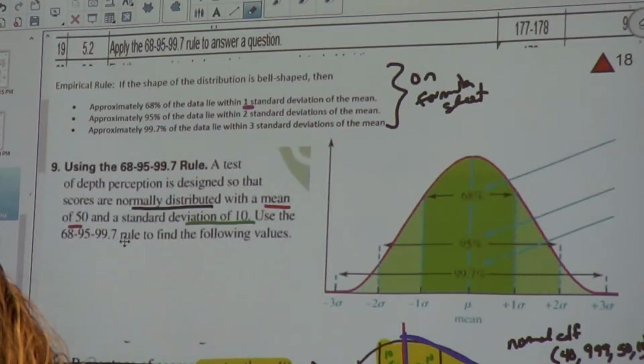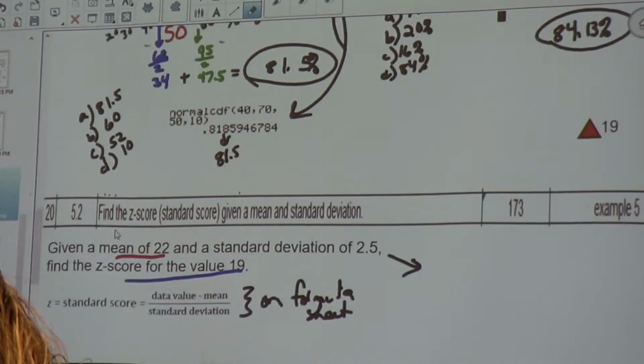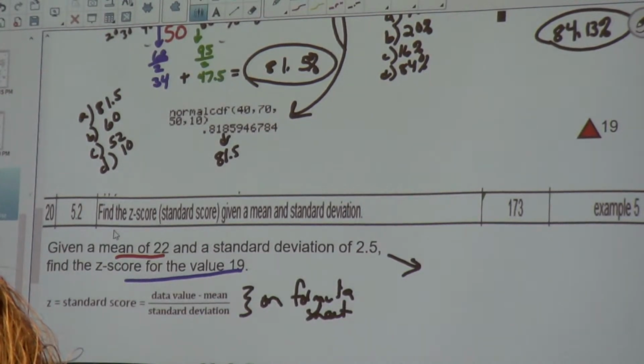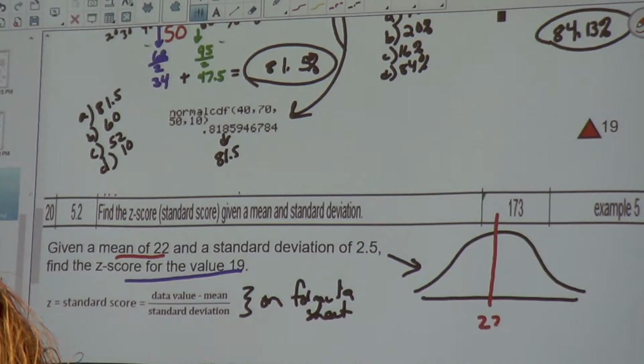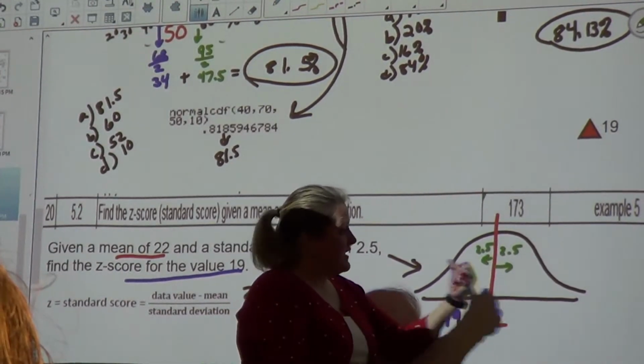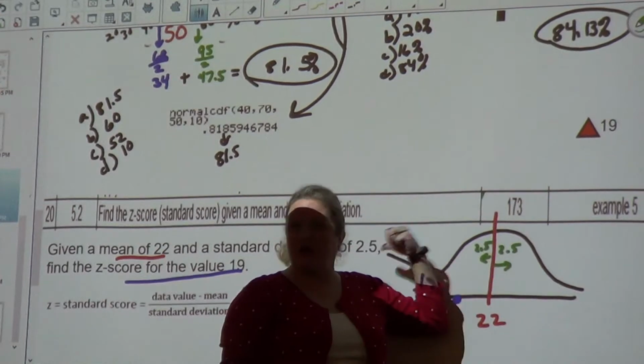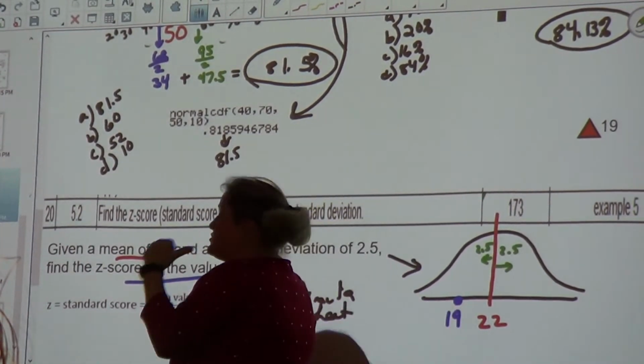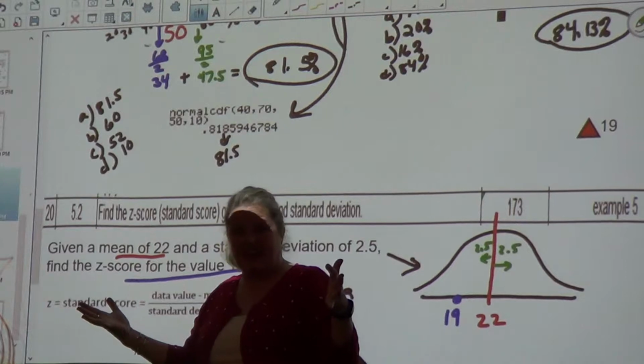So if I come back out here, the question says, given a mean of 22 and a standard deviation of 2.5, your data point is 19. So I want to know how many 2.5 jumps it's going to take me to get from here to here. Y'all with me? Now, what kind of jumps are this way? Negative. So if I have answer choices, I know it's going to be the negative one.